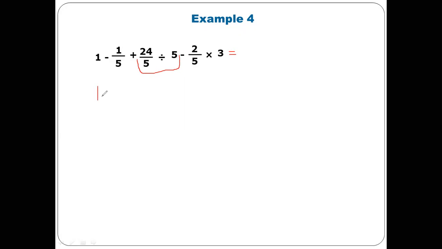Before starting with the division operation, I should copy the rest of the expression so that I can work out the subtraction after getting done with division and multiplication. Now, I stop here for a second and think how I should divide these two fractions.